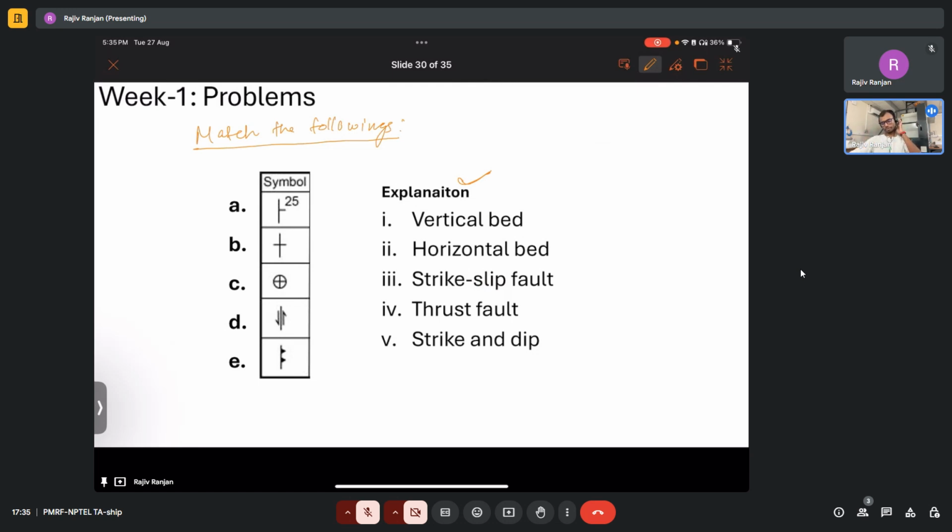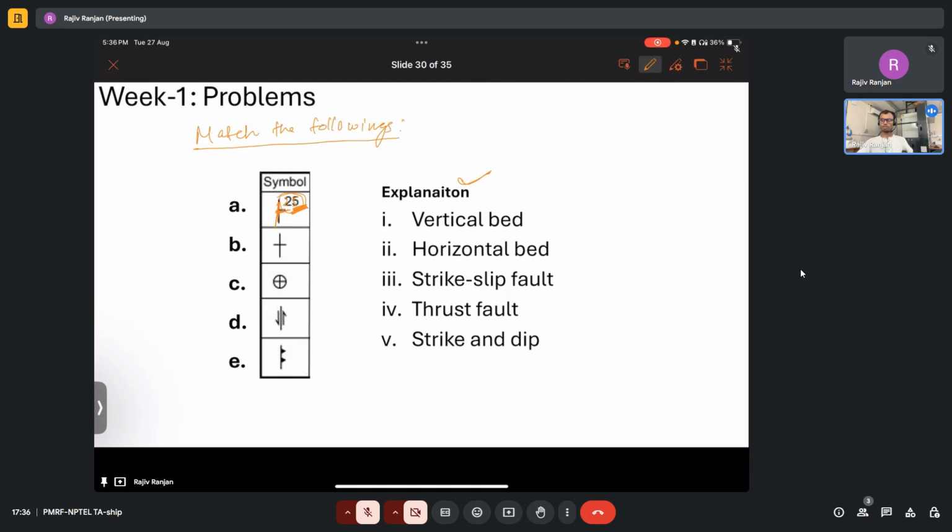Okay. So what does this represent? This is a strike, this is a dip direction, and this is the dip amount. So is it a vertical plane? It's not, right? Because the dip amount is 25. It's not a vertical plane. Is it a horizontal plane?